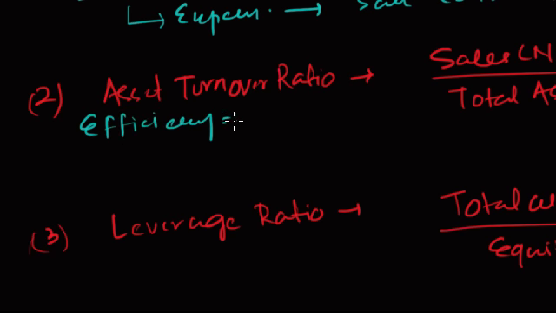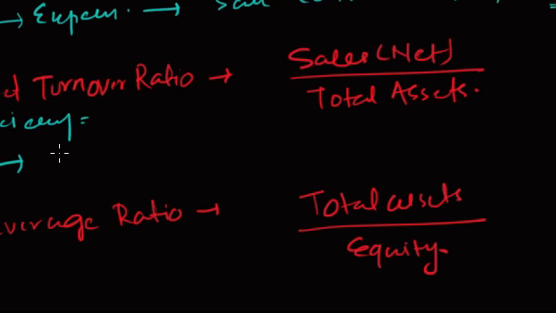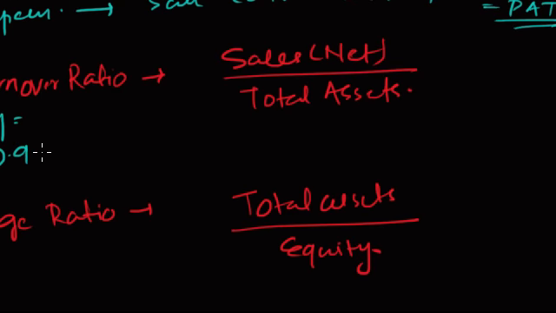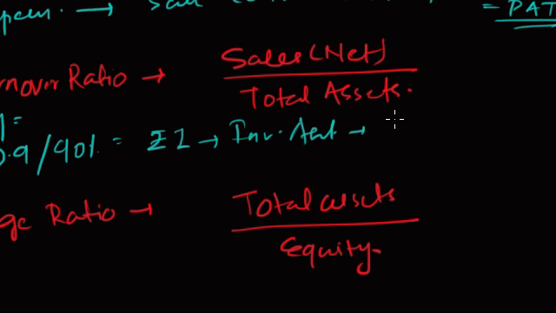Suppose the ratio comes to 0.9 or 90%, which means that for every 1 rupee of investment in the assets of the organization, the entity is able to generate 90 paise of sales. So the 90% is your asset turnover ratio, which means for every rupee of investment into the assets of the organization, this is what the entity is able to generate from those investments.